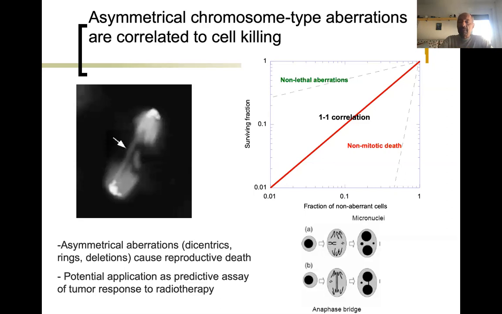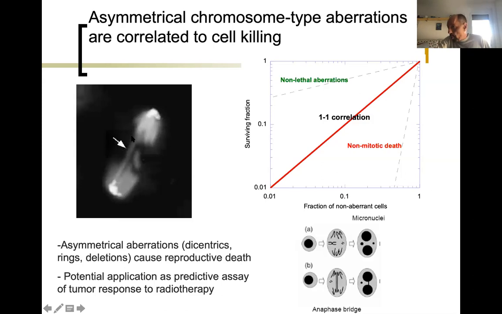Now, there is a correlation of chromosomal aberrations, in particular asymmetrical chromosomal aberrations, with cell killing. Why is that? Because asymmetrical chromosomal aberrations have two problems. One is that when you go into mitosis with the dicentric, for example, the two centromeres will be pulled by the cytoskeleton to the two sides of the cell, and so you form this bridge.